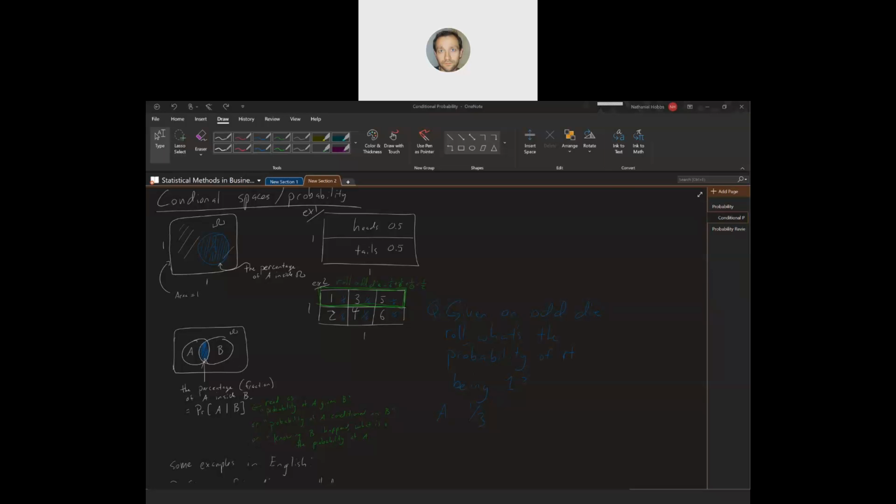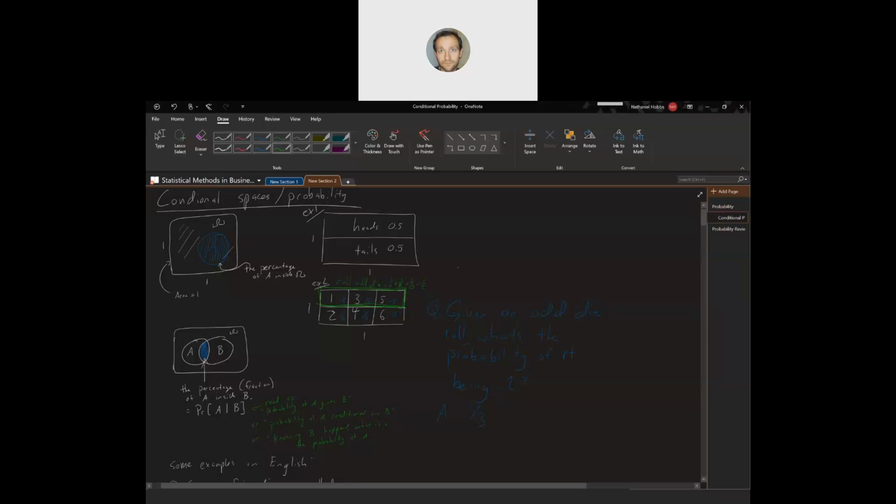So what Mateo said is that now that you're given this, there's a 1, a 3, and a 5. But now this is a new probability space. Here on the left, the white is the original probability space, but now we're in a new probability space.